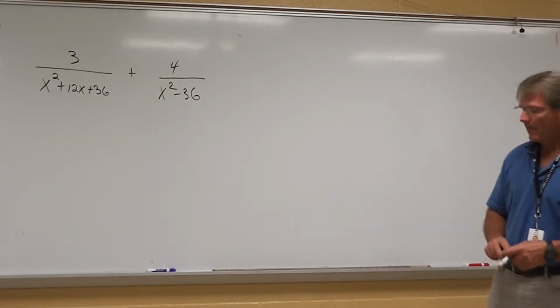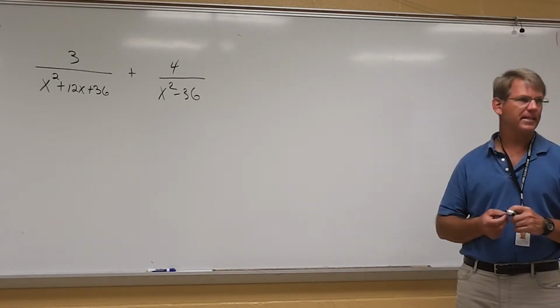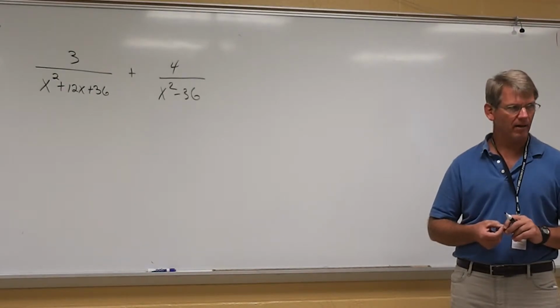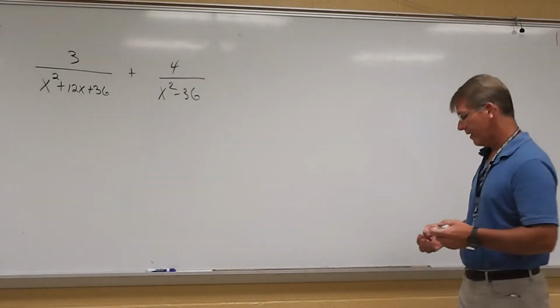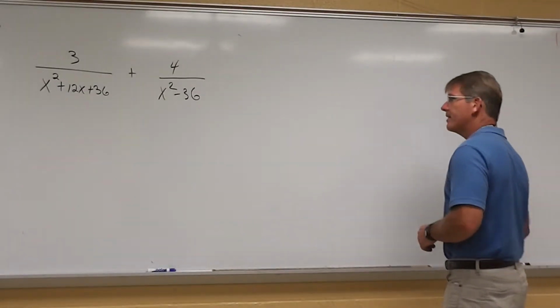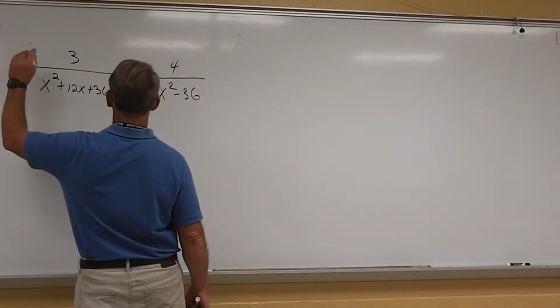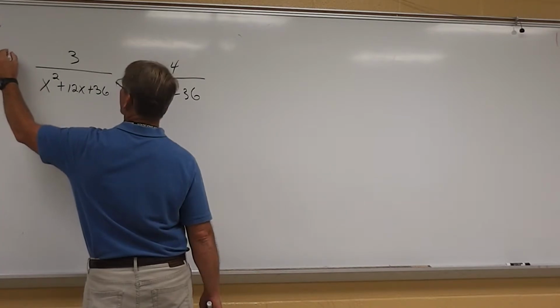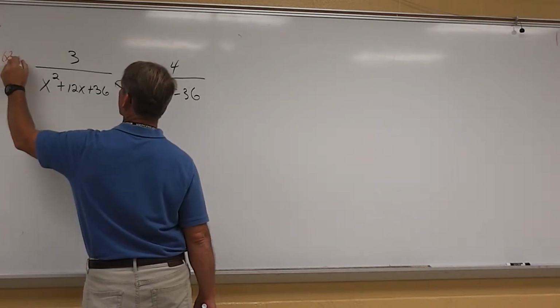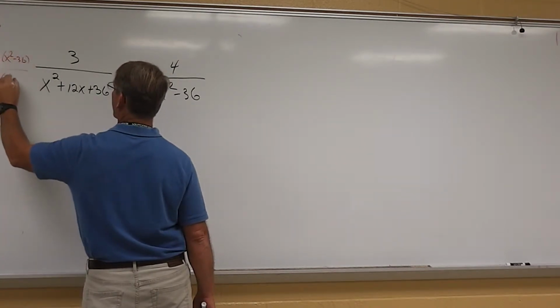Well, now, if we went with the basic model of saying, I can just take this one's denominator and multiply it top and bottom, now we're not going to do this, so don't write this down. I can take that x squared minus 36 and multiply it top and bottom.